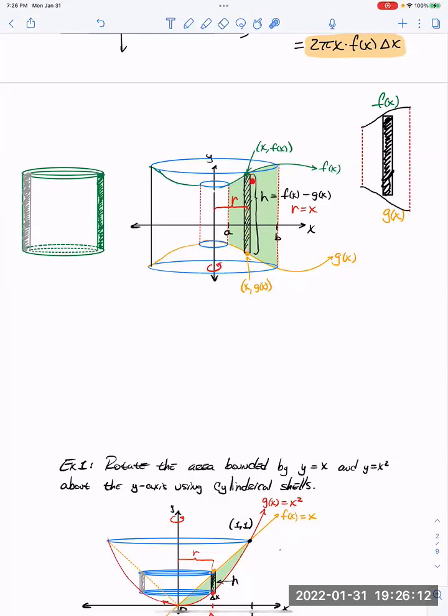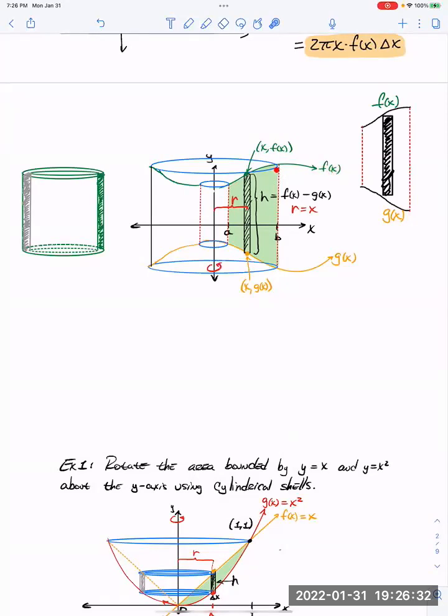Now, with our arbitrary partition drawn in here, we have a height, and the axis of rotation is the y-axis, so that's r. An arbitrary point on f of x is the ordered pair x, y, where y is equal to f of x.